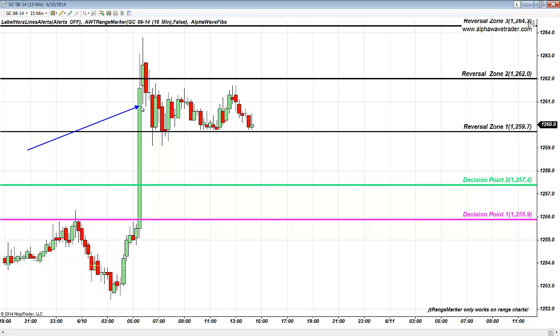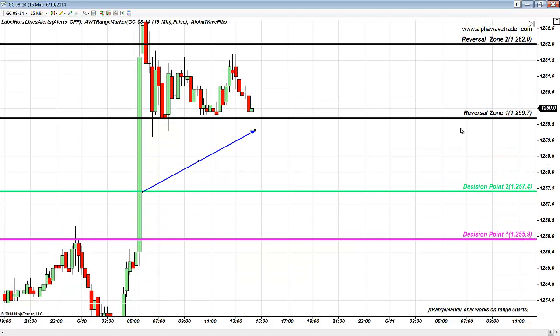Would you like to see why the trend is struggling? That's because the reversal zone had been respected. In order for the short trend to continue, this level must be broken. And price had not been able to do that yet. Tomorrow, an extremely important day, and tonight. What will price do?